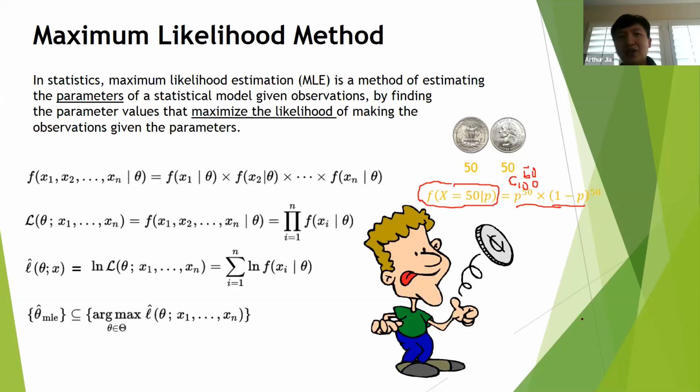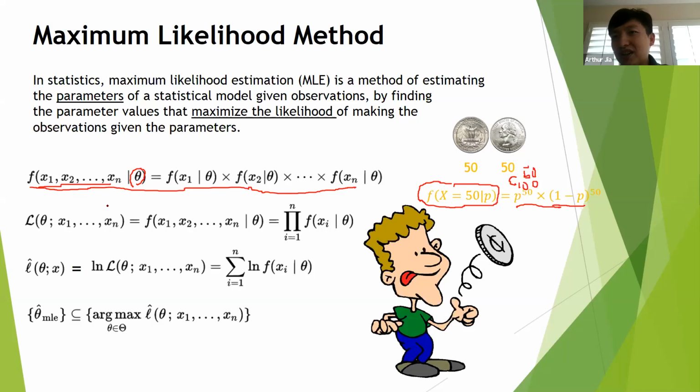So there are two versions of probability. The first is the joint probability, which is here. The joint probability means that if the parameter is known, given the parameter, what is the chance for you to get these results?